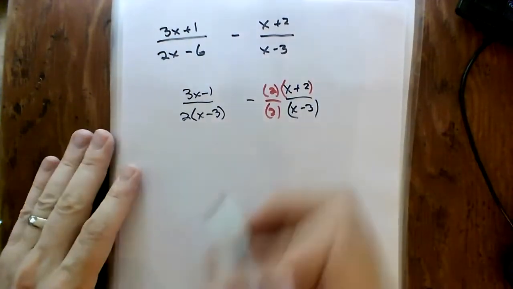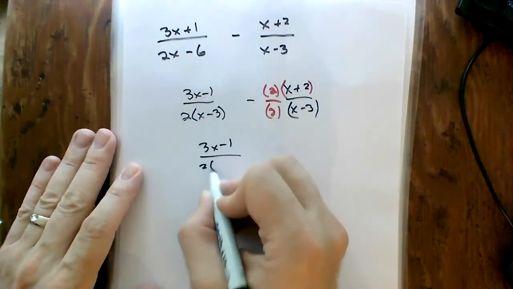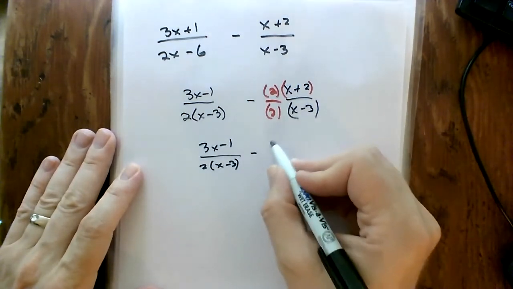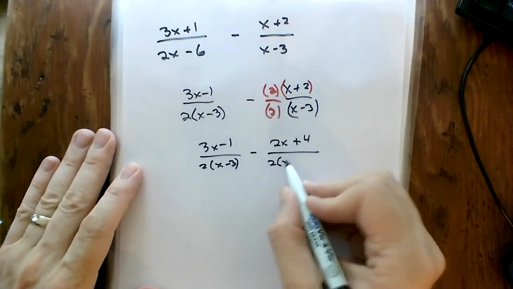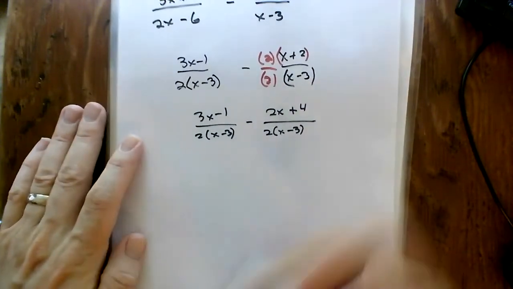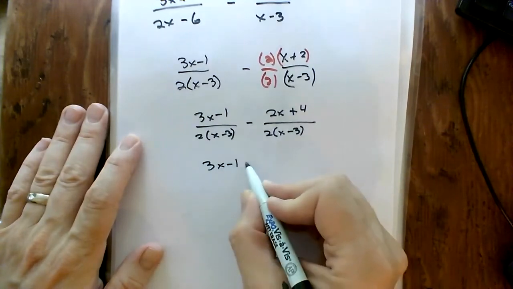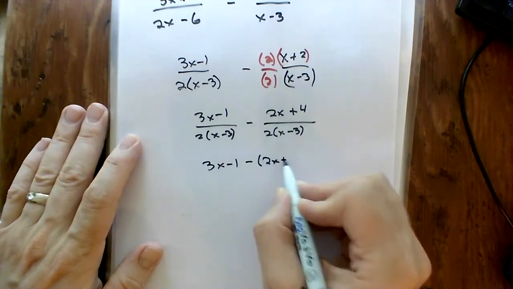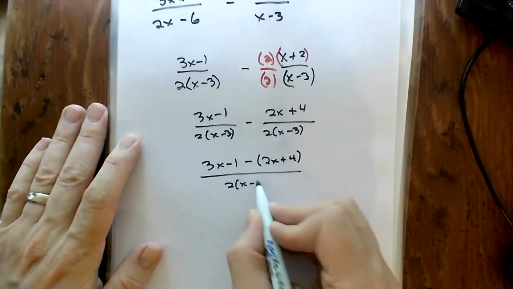So I've got my 3x minus 1 over this 2 times x minus 3. That's going to be minus 2x plus 4, 2 times my x minus 3. I'll go ahead and take an extra step. We were running out of space before, so I didn't want to take that extra space. So I'll say 3x minus 1 minus this 2x plus 4 over our 2 times x minus 3.